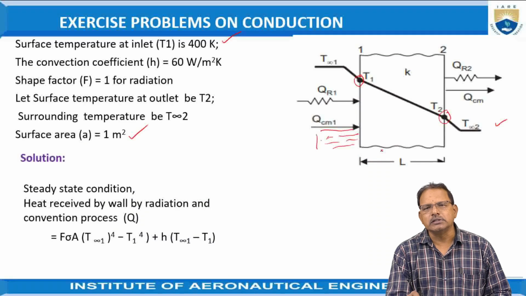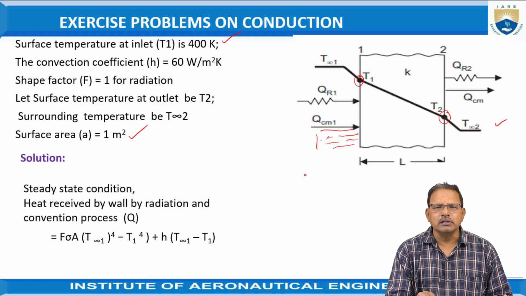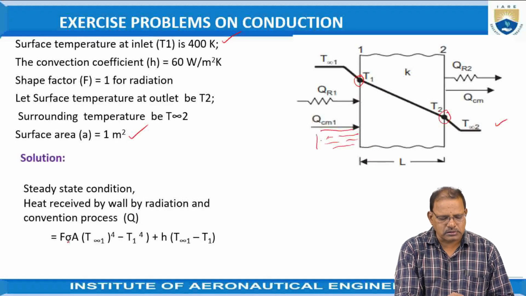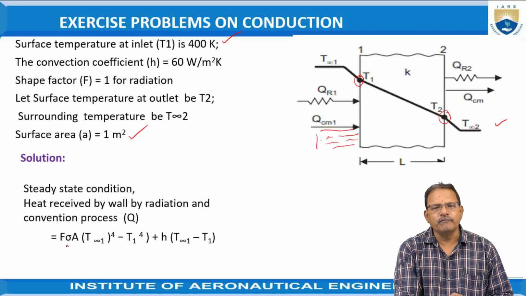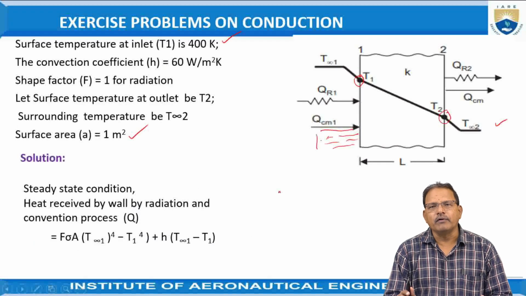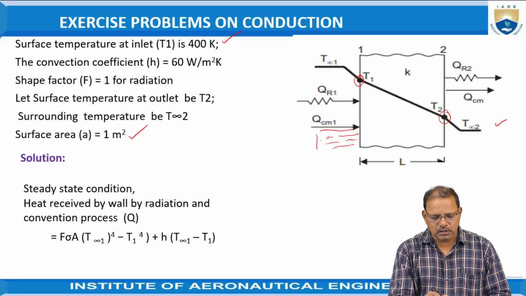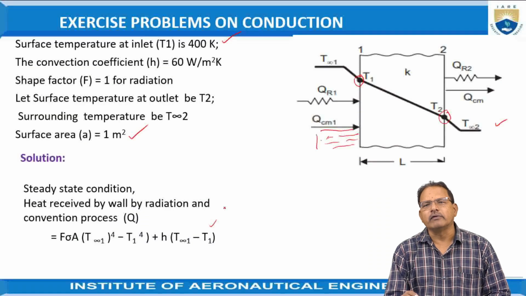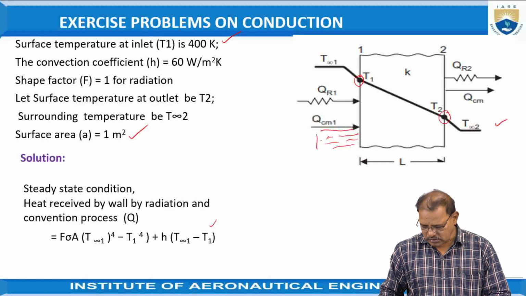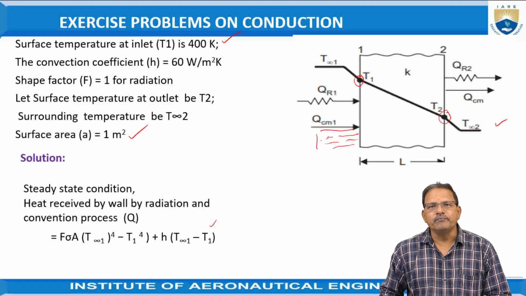Hence the total energy is the sum of the heat transferred by convection and radiation. From this relation we have, for radiation, F into sigma into A into T alpha 1 to the power of 4 minus T1 to the power of 4, plus h into T alpha minus T1. Where F is equal to 1, A is also equal to 1, and T alpha 1 is given as 500, but it should be converted into degrees Kelvin.